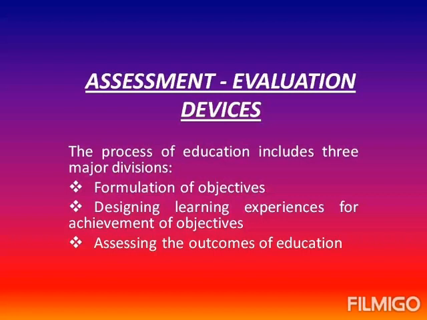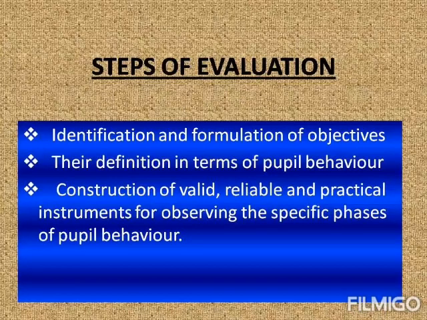Evaluation involves three steps. First, identification and formulation of objectives. Secondly, their definition in terms of pupil behavior, that is, what changes do we expect in the child by each one of those objectives?